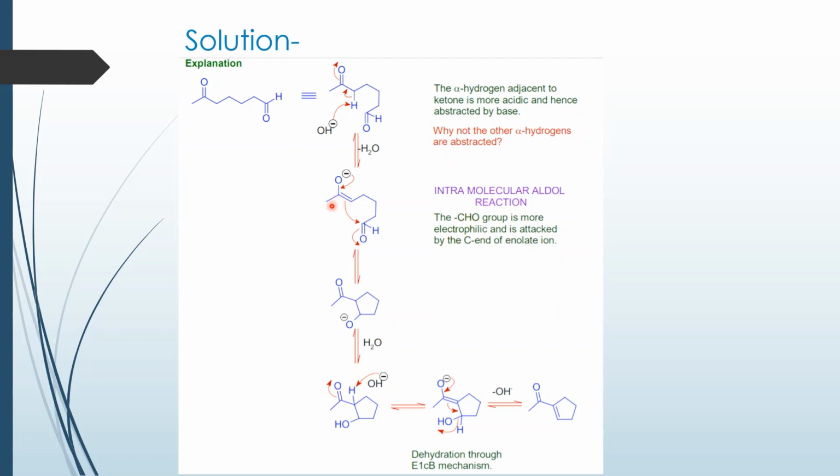Here enolate ion is formed on this group, and there is another aldehyde group here. This enolate ion reacts with this aldehyde group which is present within the same molecule, and it will produce this 5-membered cyclic enolate ion. In presence of water molecule, this enolate ion gets protonated, and after dehydration it will give this product.